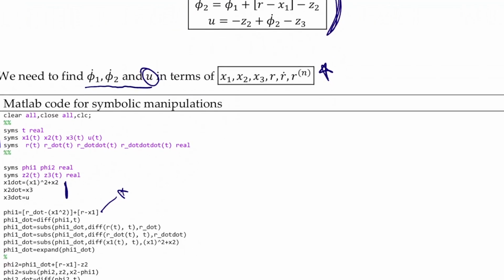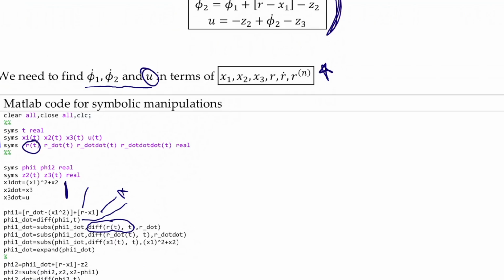And what we want to find is phi1 dot, okay. And if we write that down, we will see this term, okay. Why? Because phi1 has the r signal in it, and if we differentiate it, and we also defined r as a function of t, right? So it will generate that, basically.